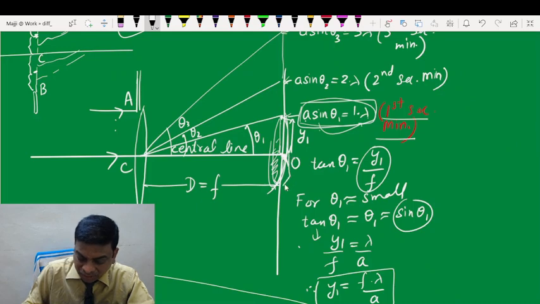So here you can see the width of the central maximum is 2y1. Can you see? That is the width.